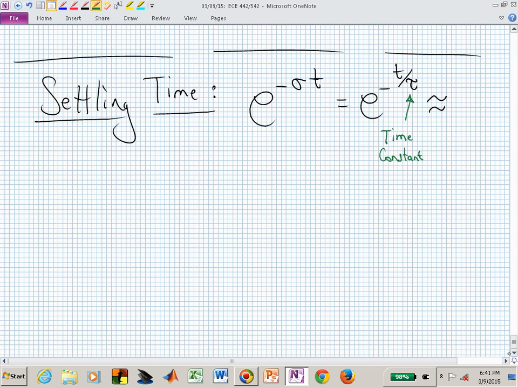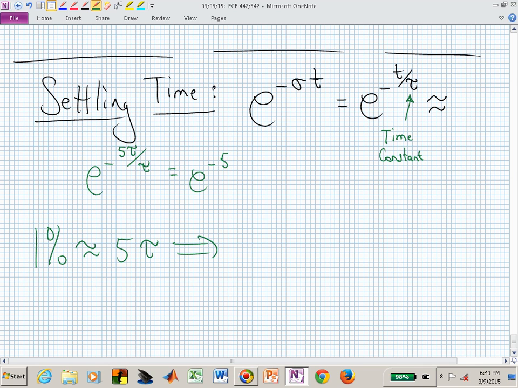Then if we were looking at a 1% settling time being 5 time constants, the reason we say that is if we looked at e to the minus 5 tau over tau, that's now e to the minus 5, and do you have your exponential table burned into memory?